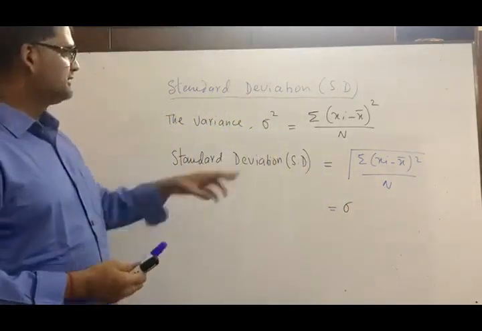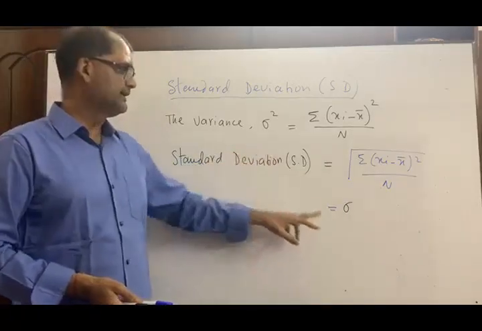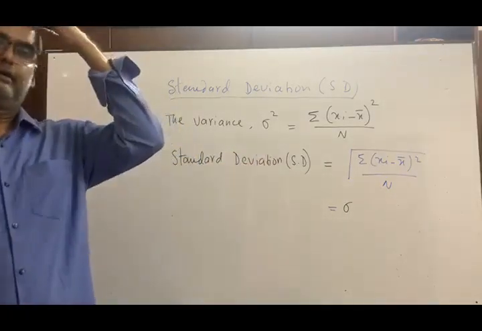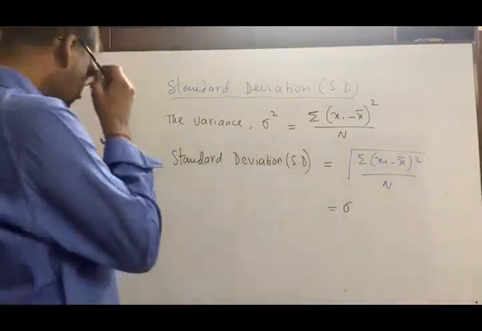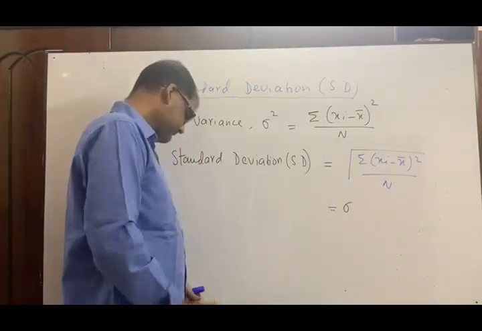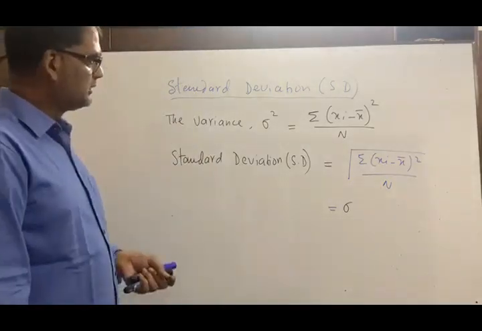You see, variance is sigma square, but standard deviation is sigma. Okay, I think all of you are getting it. Write down the formula.